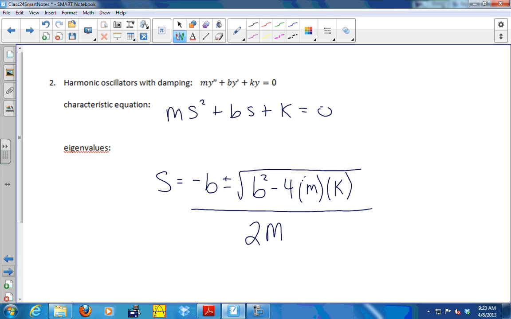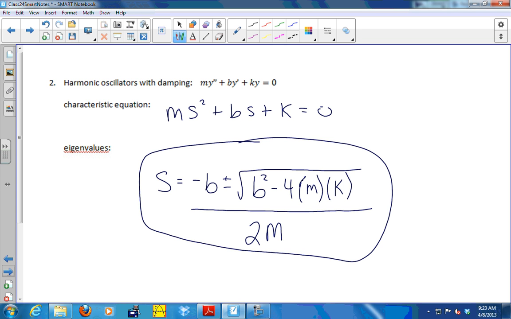Replacing a with m and c with k in the quadratic formula, here are my eigenvalues. I can't classify what kind of equilibrium point the origin is unless I know values for m, b, and k, right?